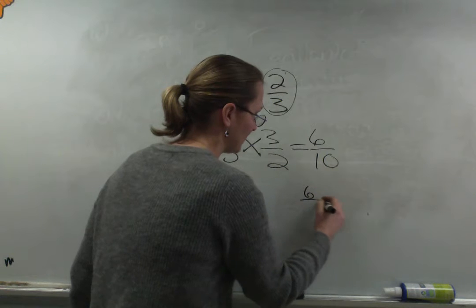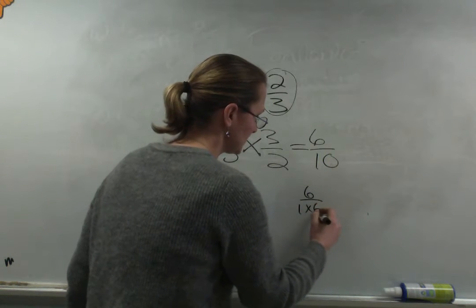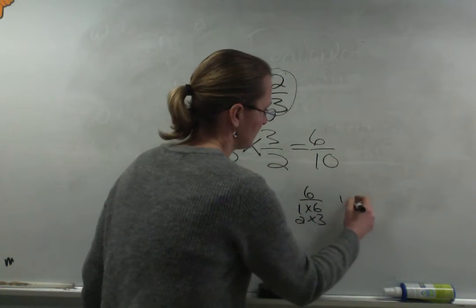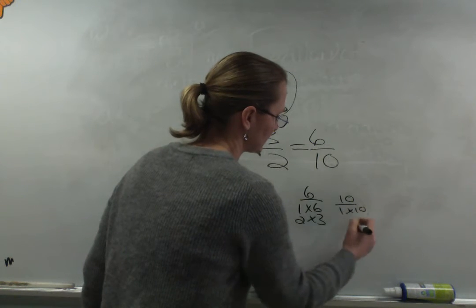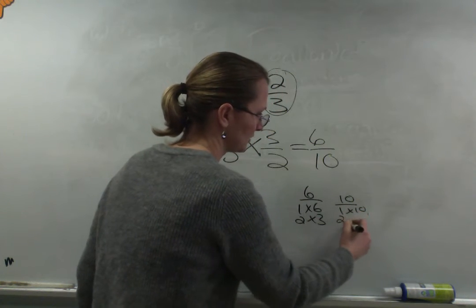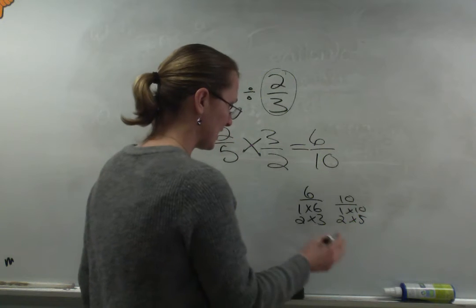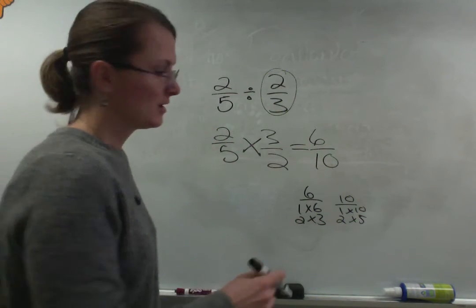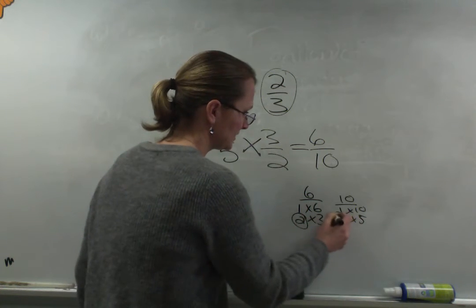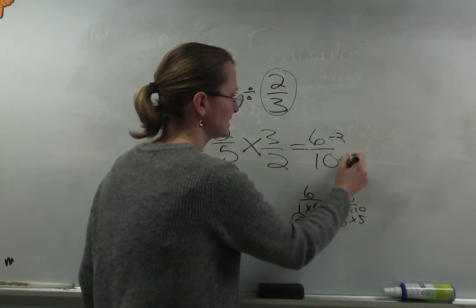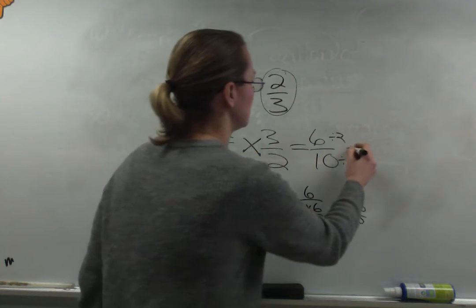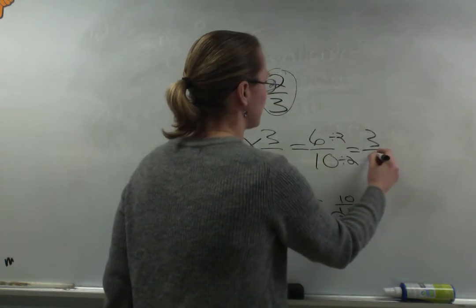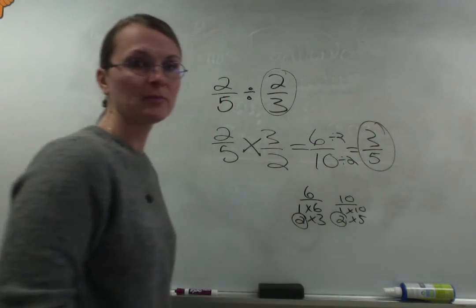And you do that by finding your factors. So all the ways you can make 6, all the ways you can multiply to make 10, each of these is a factor. And when I do that, I notice that the biggest number that they share, besides 1, is 2. So 6 and 10 can both be divided by 2, which makes sense because they're both even numbers. And we do that, and we get 3/5. So 3/5 is the simplest form of our answer.